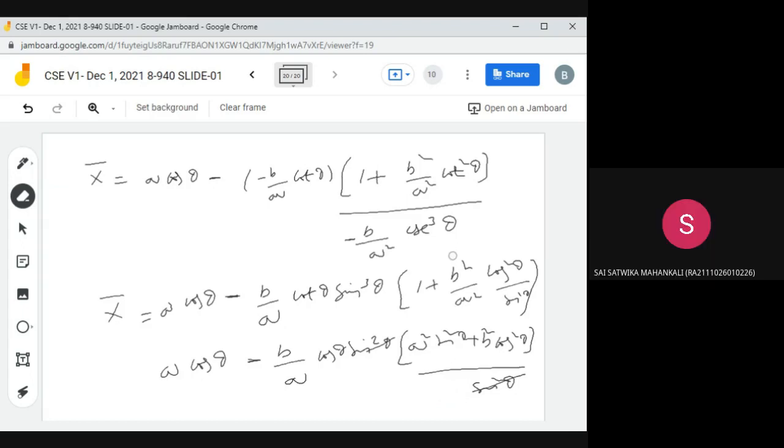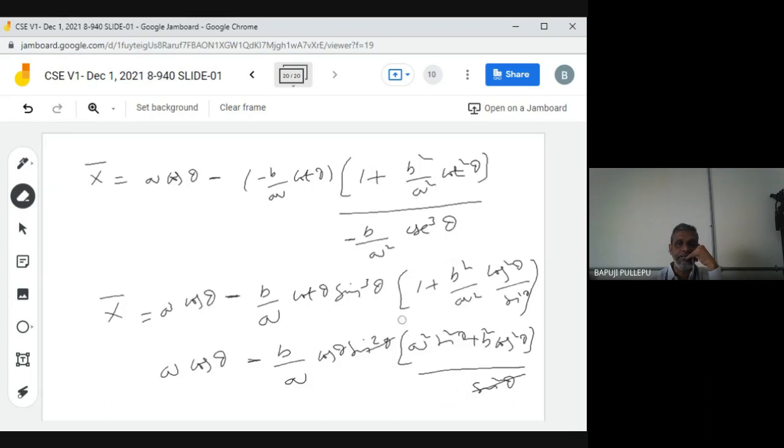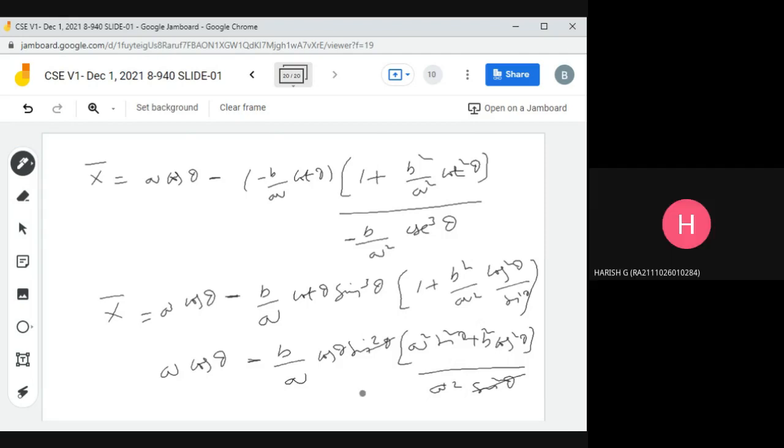So you can cancel that b in the numerator with that b in the denominator. This sin cube I have written, but the denominator b by a square I forgot. This a square is this a square. This a square sin square theta, a square. Okay, wait, give me time. Then whole divided by minus b by a square is there. Correct? Yes, sir.